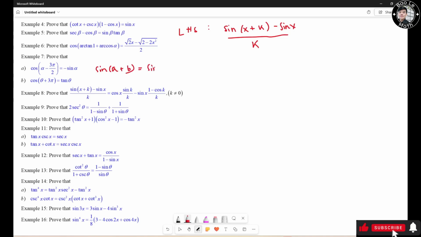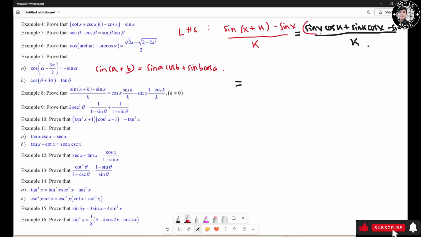It's going to be sine a cosine b plus sine b cosine a. So we have sine s cosine k plus sine k cosine s subtract sine s, right, over k, right?